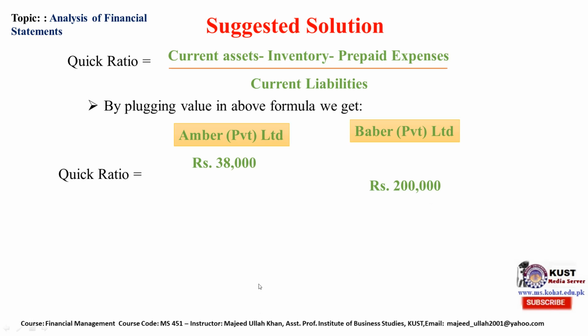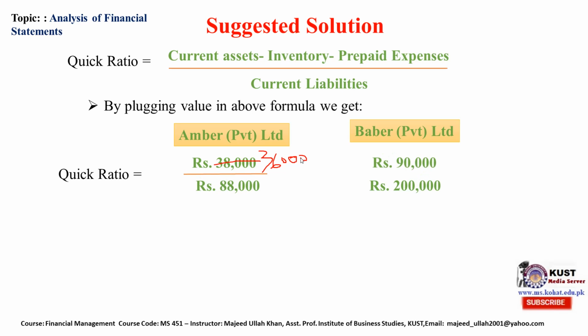So it would not be 38, it would now be 36 because we will subtract these 2,000 prepaid expenses, divided by 88,000.